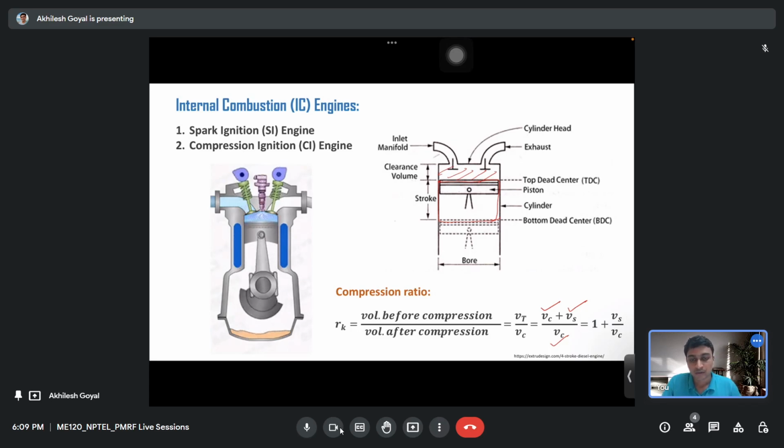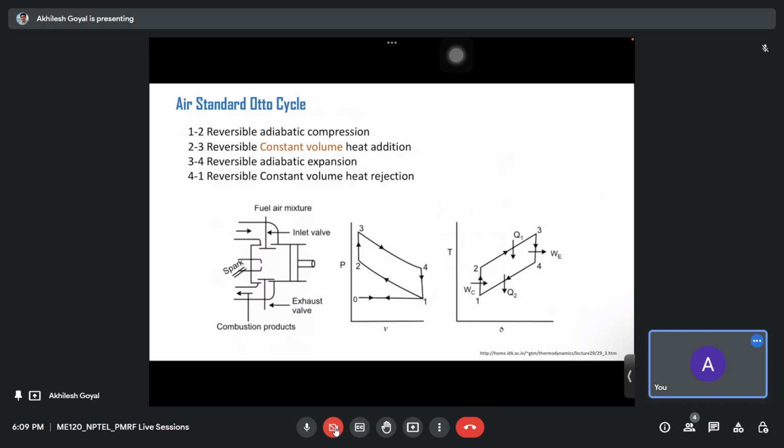Now let's move to the next slides. We talked about the different types of IC engines, but to discuss how these engines work, we need the thermodynamic cycles on which they are based. The first thermodynamic cycle is the air standard Otto cycle.